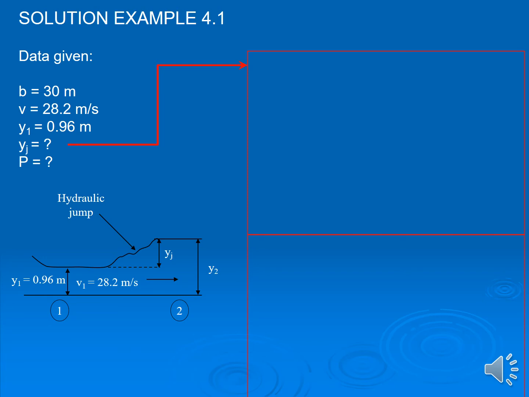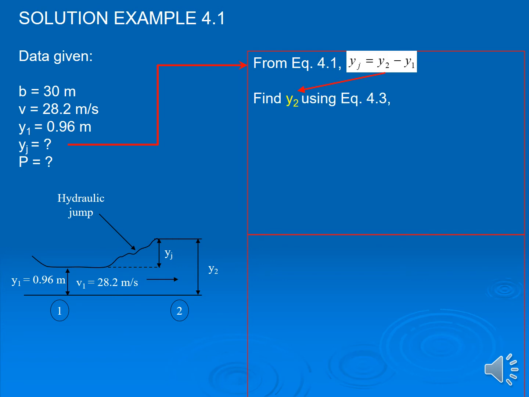First, to find the height of the hydraulic jump, we can use equation 4.1, Yj equals Y2 minus Y1, where Y1 is 0.96 meters given in the problem. And we need to find Y2.